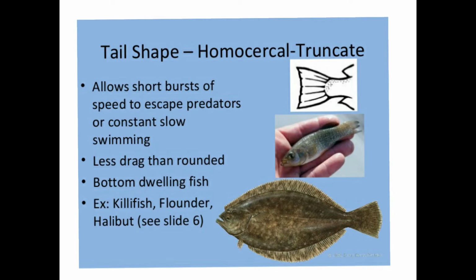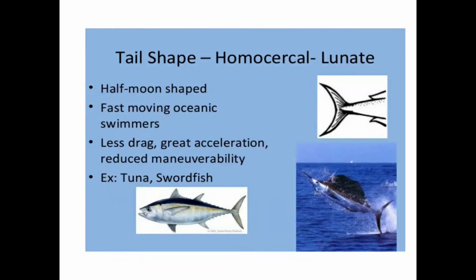In bottom dwelling fishes, the water current is smaller or lower than the upper water current. Flow of water is small, hence their tail fins are homocircle.